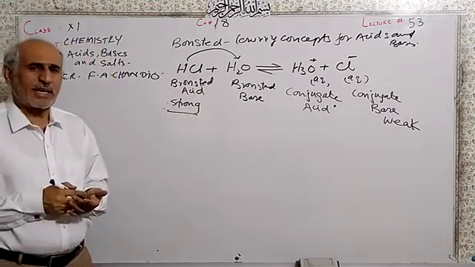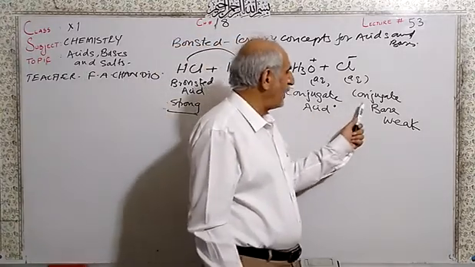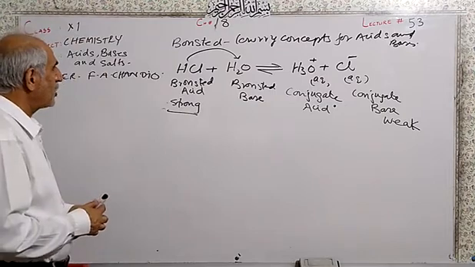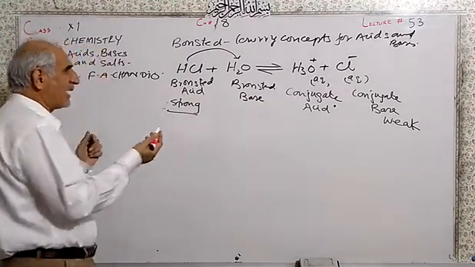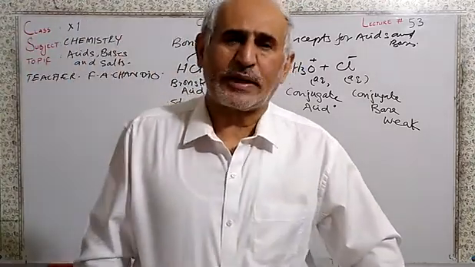Strong Bronsted acids have always weak conjugate bases. So this is one thing. Second thing, water is an amphoteric.